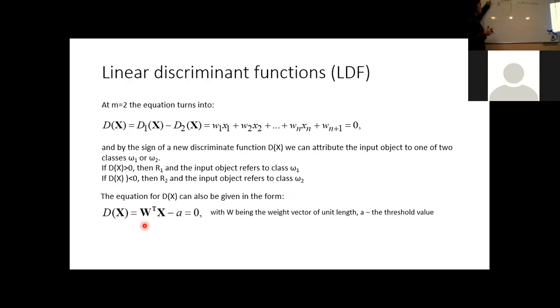So what should we do? Transform what? Transform X. We may take X and multiply it by the transposed weight vector, row by column vector.